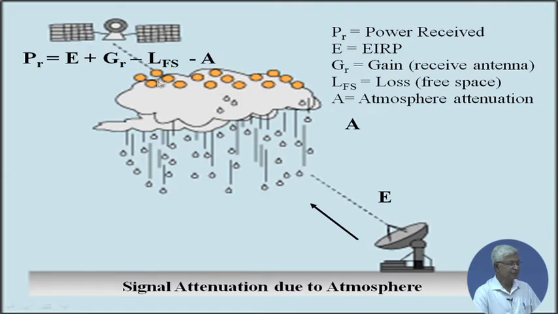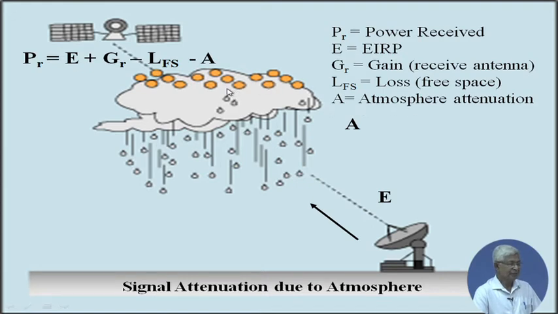And when it passes through these types of disturbances like cloud and rain, then it will have certain attenuation. So power received will be less. So dB equations are very simple. That is PR is equal to EIRP plus the receive antenna gain minus the path loss or free space loss minus the attenuation. This is shown simply as atmospheric attenuation.